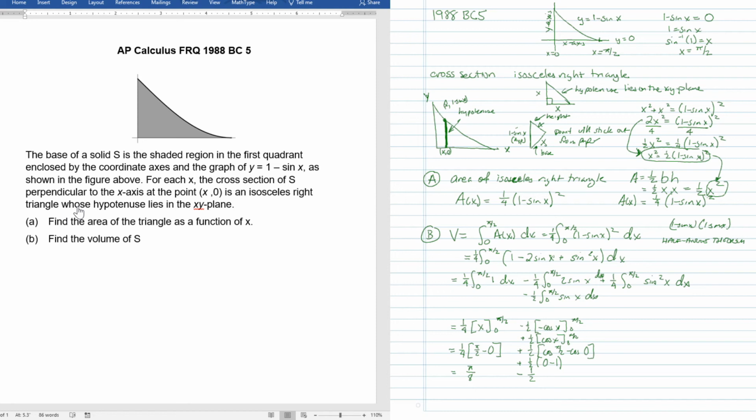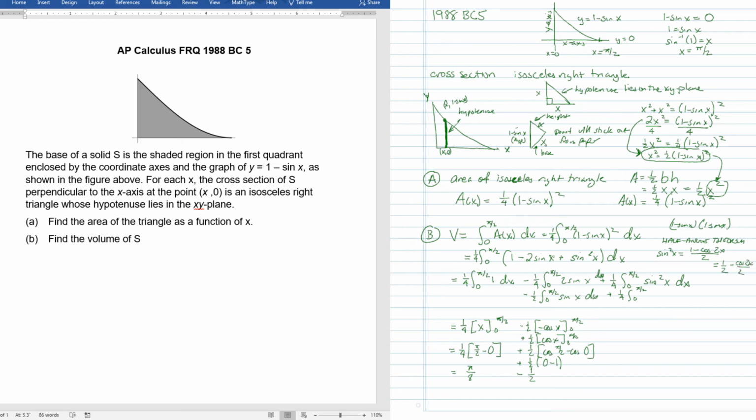And it says that if you have sine squared x, that is also known as 1 minus cosine of 2x all over 2. So instead of writing plus 1/4 times that sine squared, I could write this as 1/4 times the integral from 0 to pi over 2. I'm going to take a step and break it up so I can have this as 1/2 minus cosine of 2x over 2.